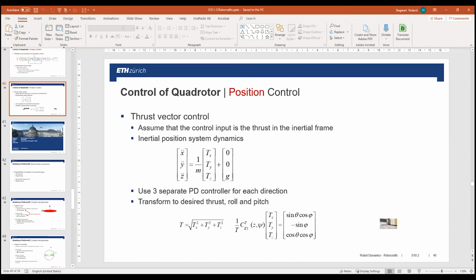There was one question, yes, about these elements for the controller.